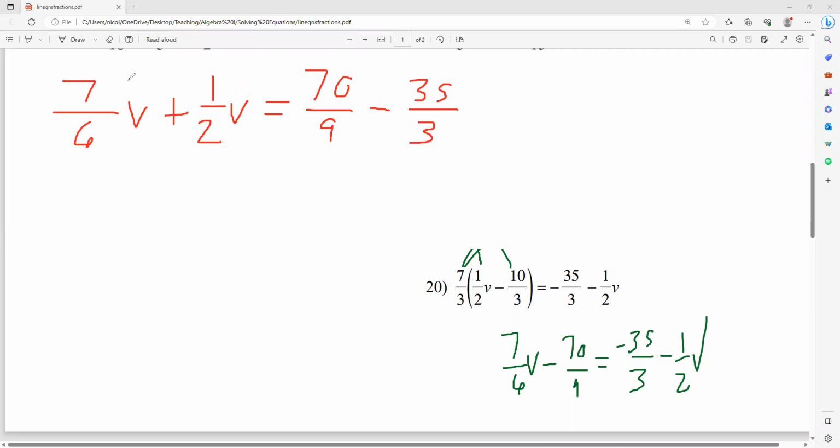And I'm going to get 7/6 plus 1/2 is 5/3v. It's much easier with the calculator, honestly. 70/9 minus 35/3 is negative 35/9. And now I need to divide both sides by 5/3.